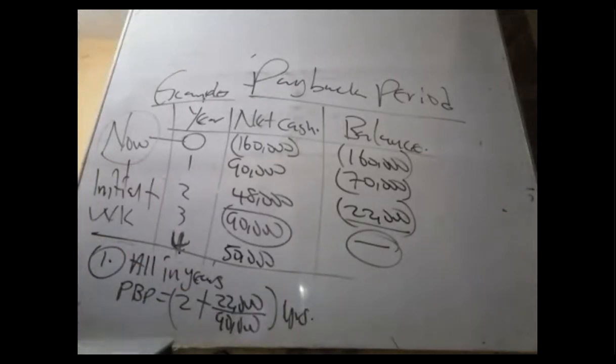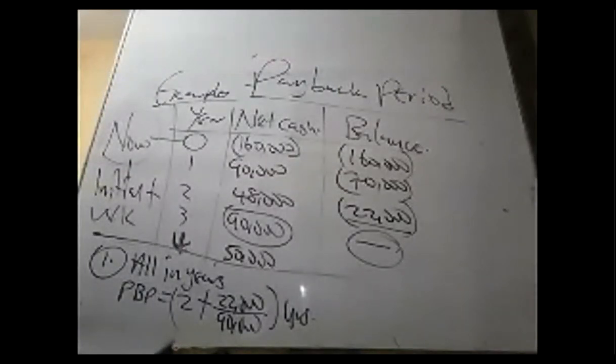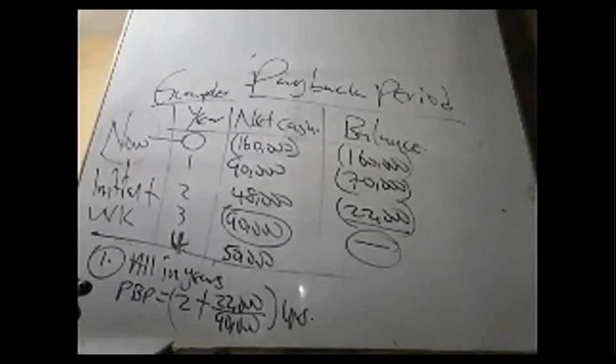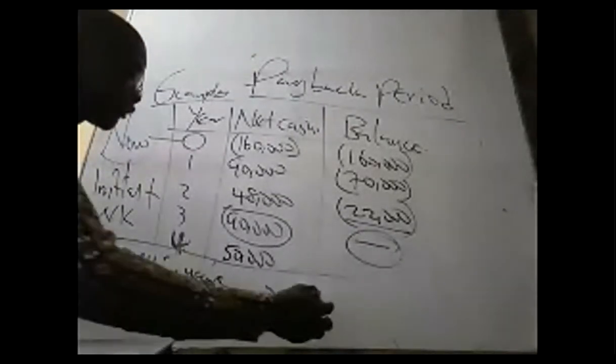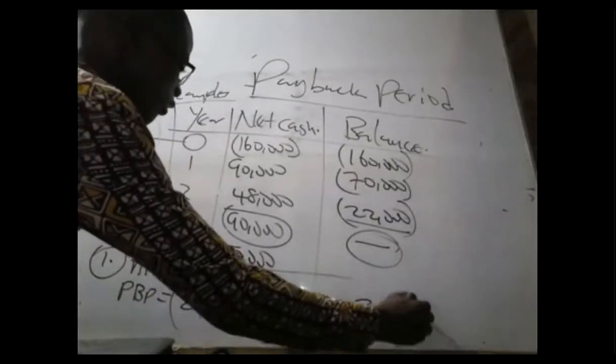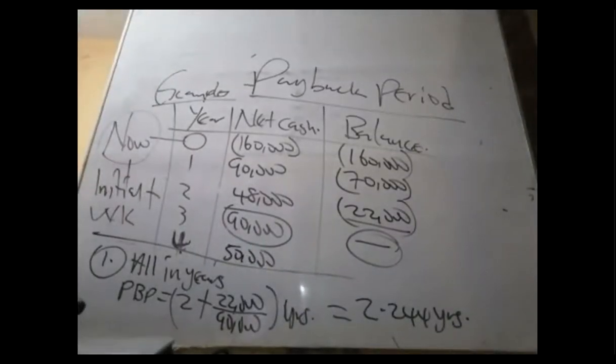So 22 divided by 90 should give us something like 0.244. So therefore, adding everything together, you get 2.244 years. That is the payback period.